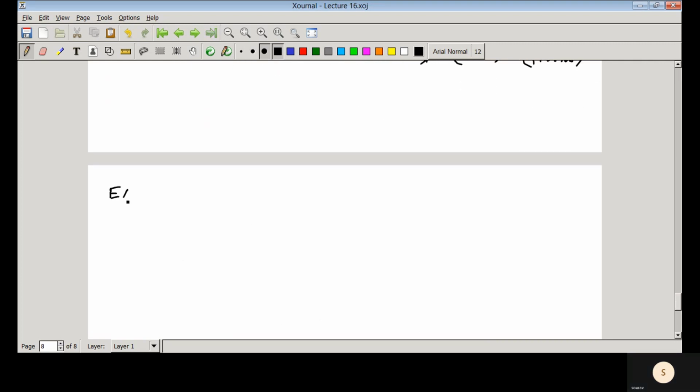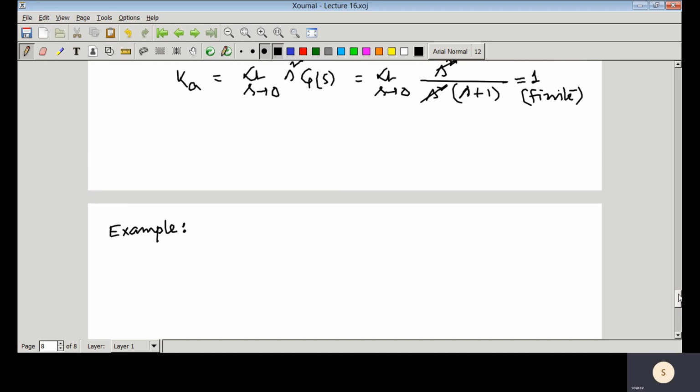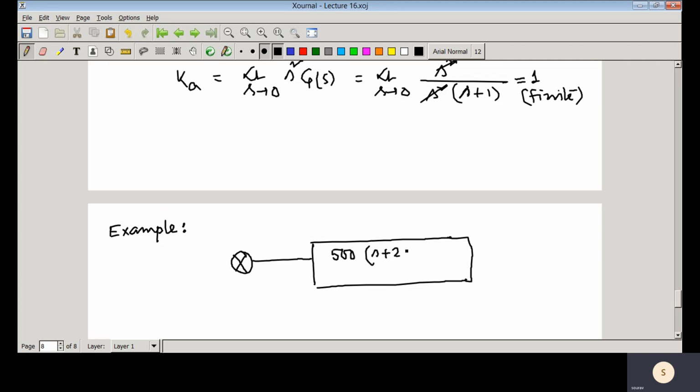So one example. Suppose you have a closed loop system that is 500 over (s plus 2)(s plus 5)(s plus 8)(s plus 10)(s plus 12).